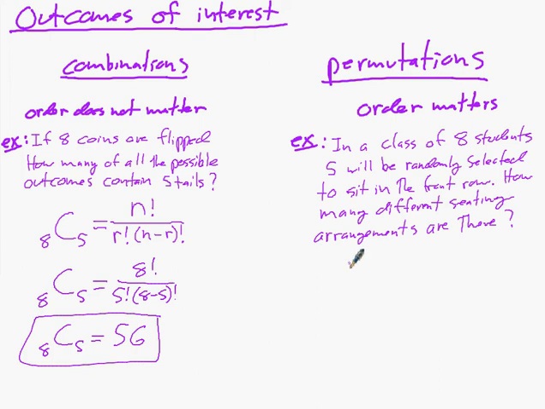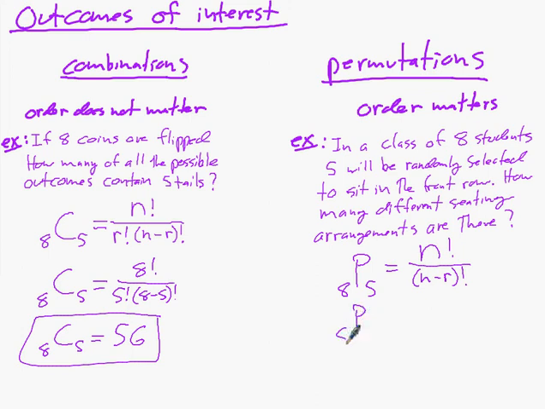Now the permutation one is if we have permutation of 8, 5 of 8. It's very similar, only it's missing one term. It doesn't have that r factorial out front in the denominator.